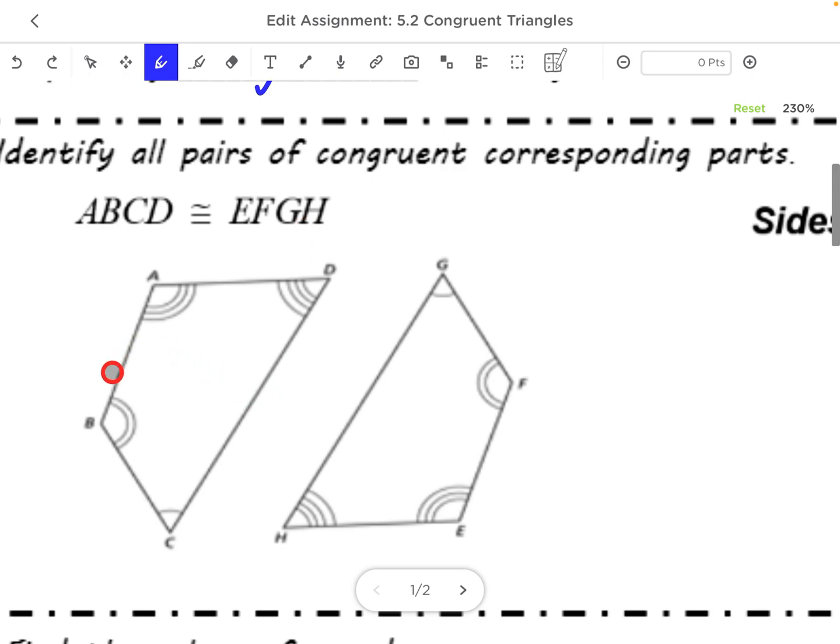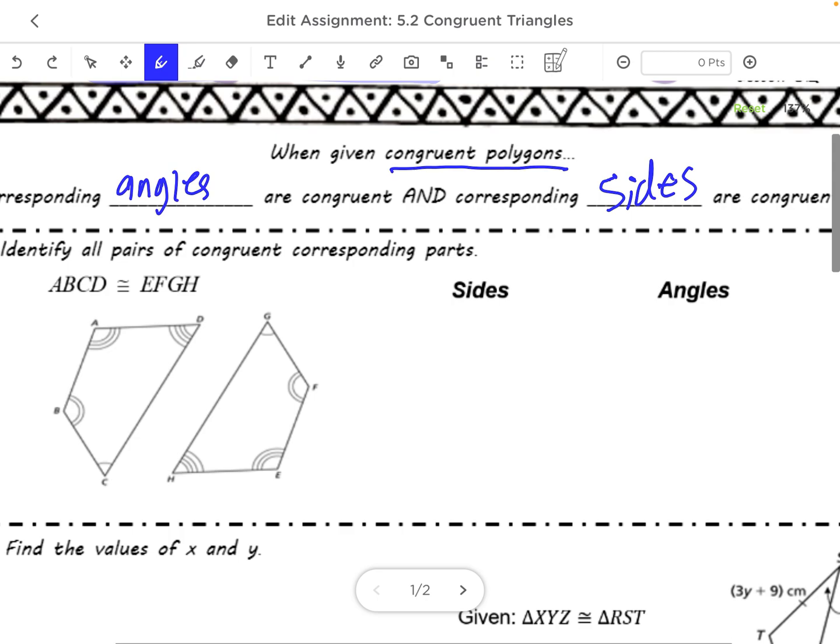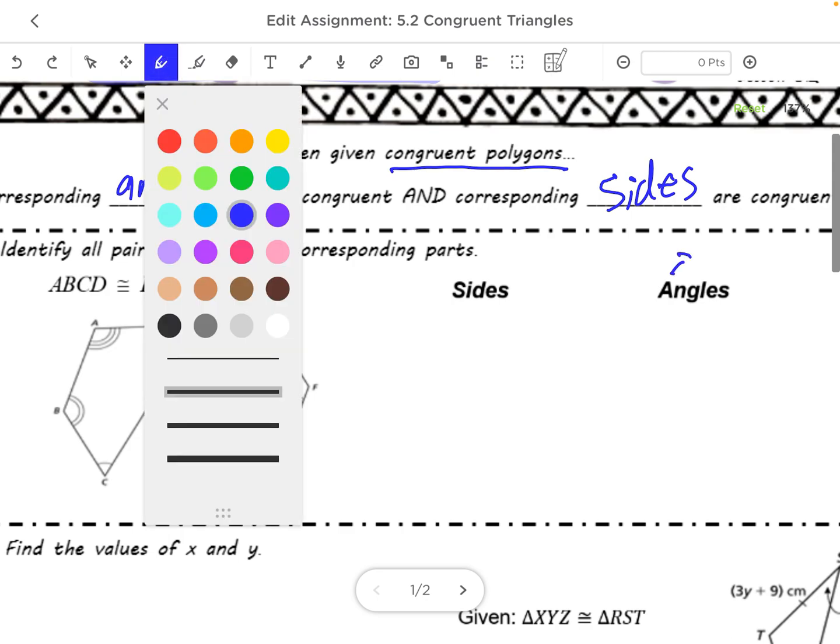One thing we want to recognize is that on the angles, these arcs right here signify the angle measures. So when we're doing angles, we're going to use arcs.